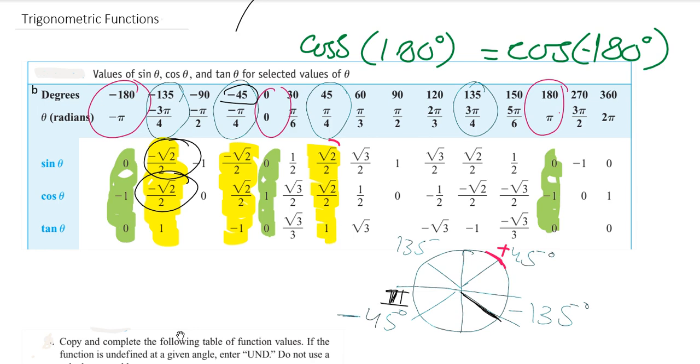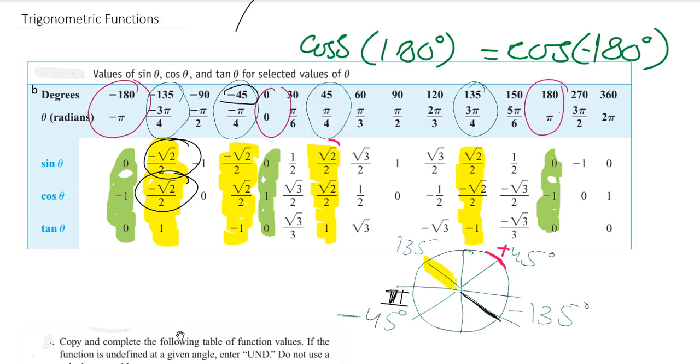But in positive 135 you will get only the positive value of sine 135, but you will get the negative values of cos and tan, because in the second quadrant only the sine values will be positive. So in this way you can memorize these four values along with the quadrants.